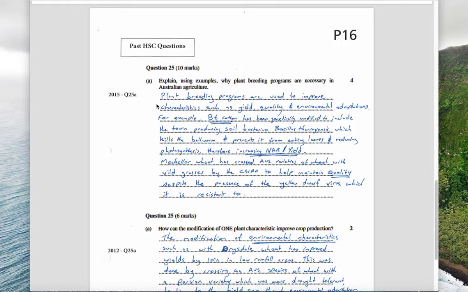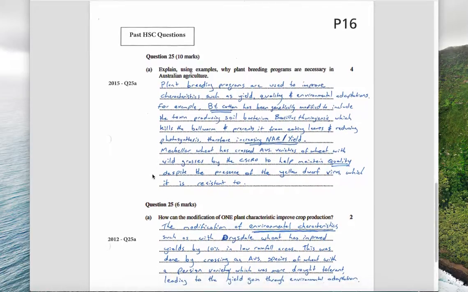So plant breeding programs are used to improve characteristics such as yield, quality, and environmental adaptations. And because it says examples, we need to give two. So for example, BT cotton, it's nice to underline it, has been genetically modified to include the toxin producing soil bacterium Bacillus thuringiensis, which kills the bollworm and prevents it from eating leaves and reducing photosynthesis, therefore increasing the NAR/yield.